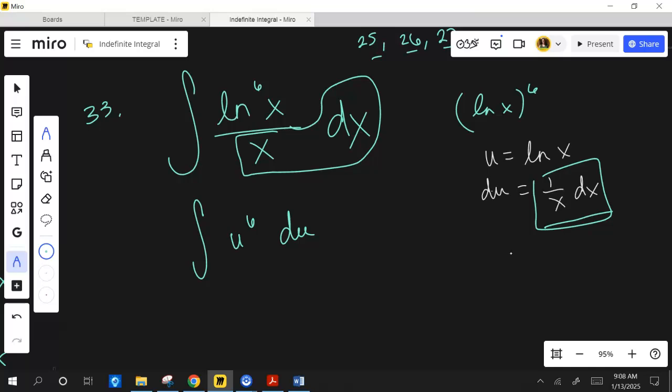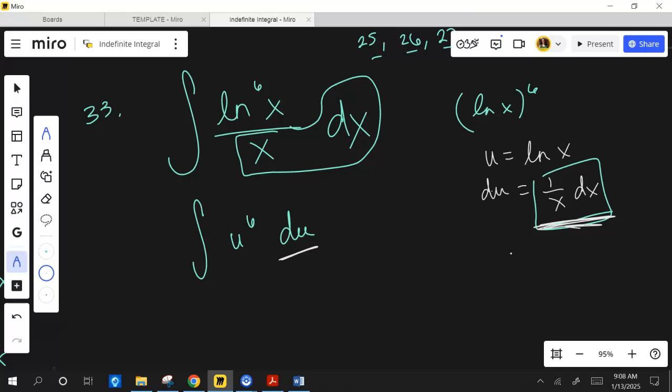I don't need anything. The only time you do that, you have to make your du match what this du is, but you can only make it match by giving it a coefficient. But this one didn't need one.